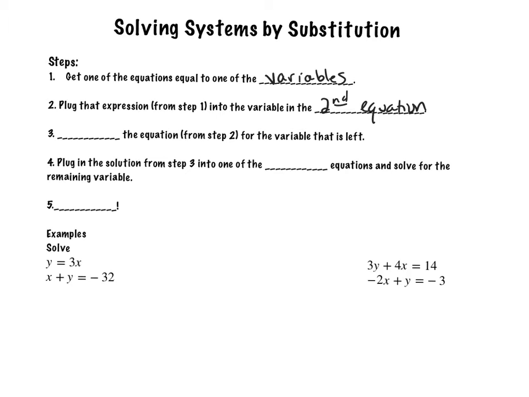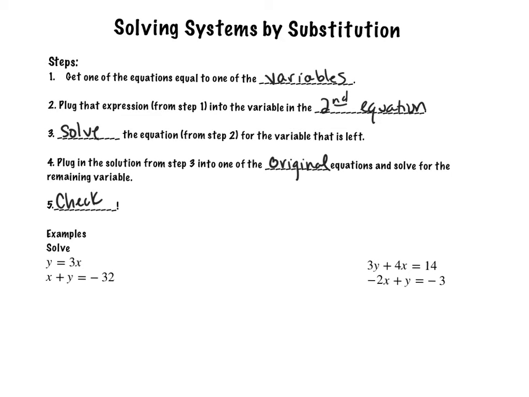Then I'll have an equation that I can solve. And then I'm going to plug that solution from step 3 into one of the original equations and solve for the remaining variable. And then I just want to make sure that I check.